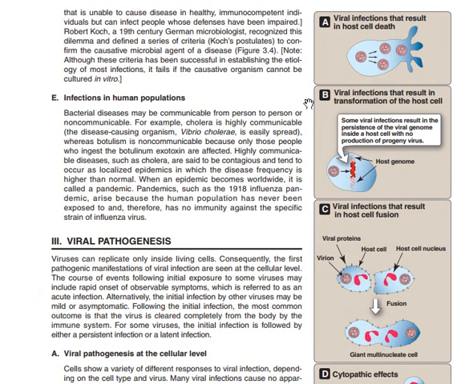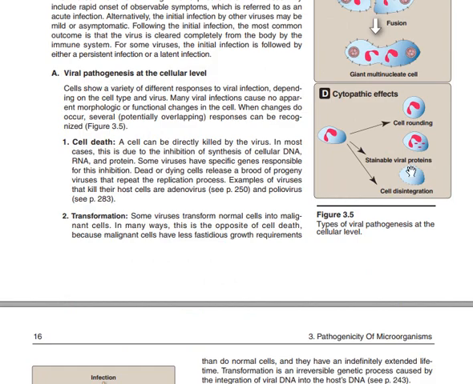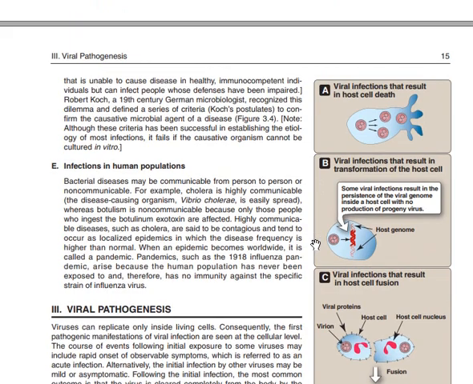So the next one is this image here, which shows you the types of viral pathogenesis at the cellular level. Is it clear? So, viral infection that results in host cell death. You need to know that the host cell death is because the virus is split multiple times. Is it clear?